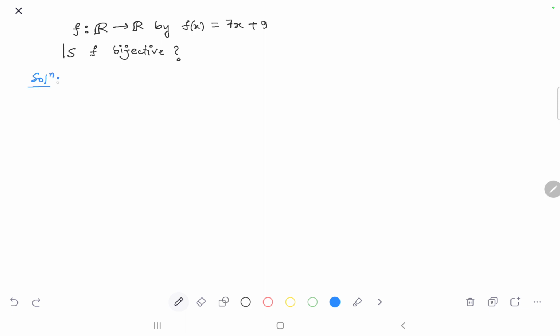First I'll try. I am writing here so it will take less time. First injectivity: I'm doing f(x1) equals f(x2). Then what do we get? Then I'm solving.